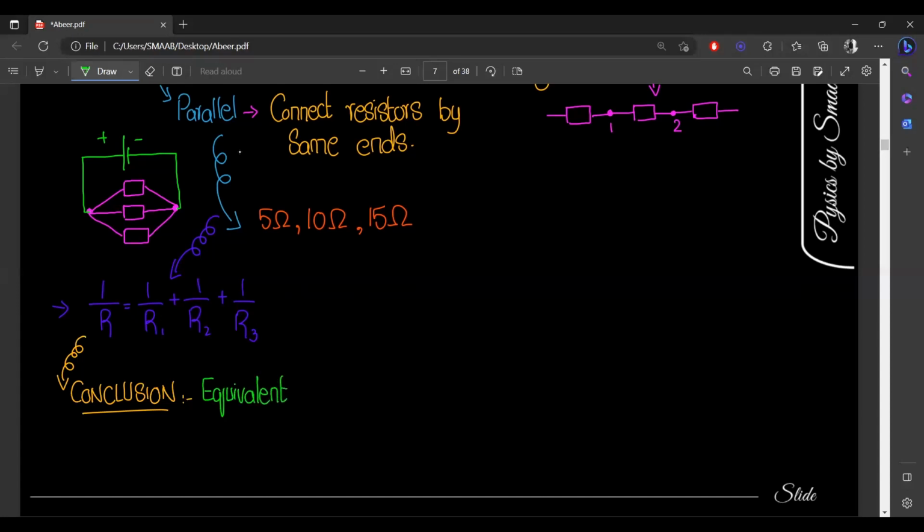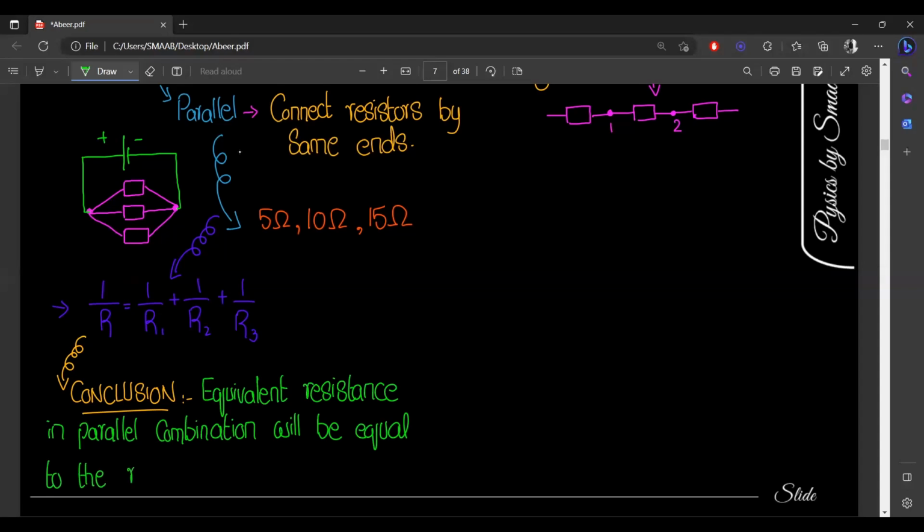So we may write it as equivalent resistance in parallel combination will be equal to the sum of reciprocal of individual resistance, right?